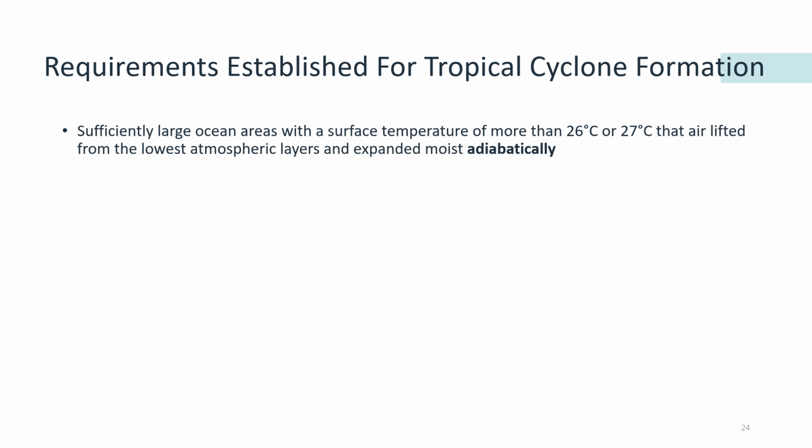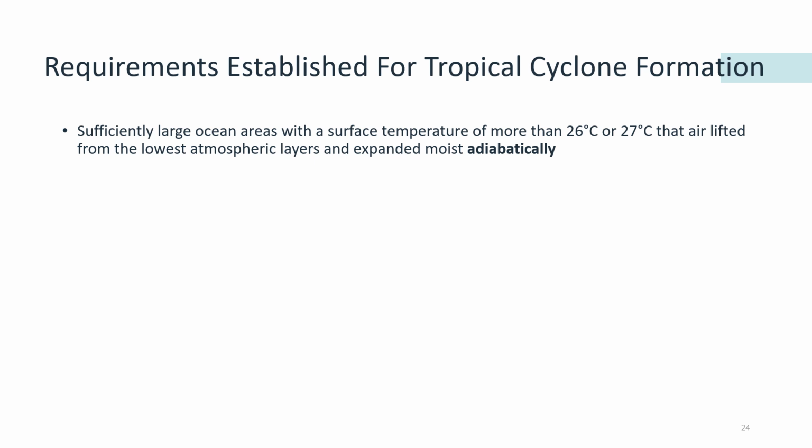That means the air remained considerably warmer than the surrounding undisturbed atmosphere, at least up to a level of 40,000 feet. And the air accumulates large amounts of sensible and latent heat as it spirals towards the center.